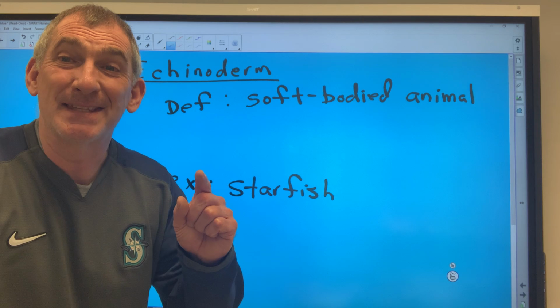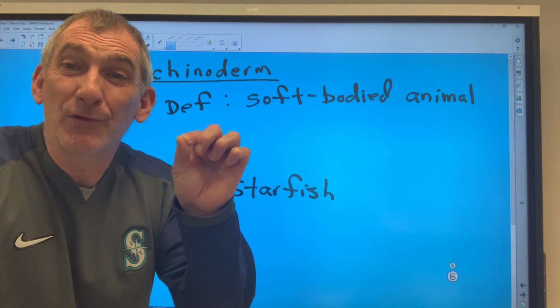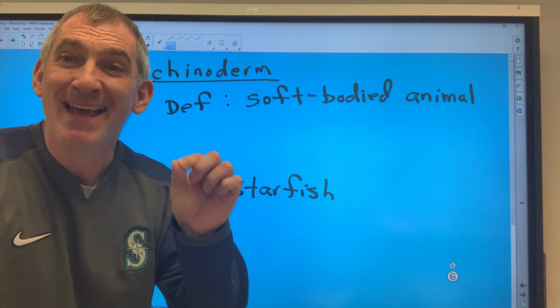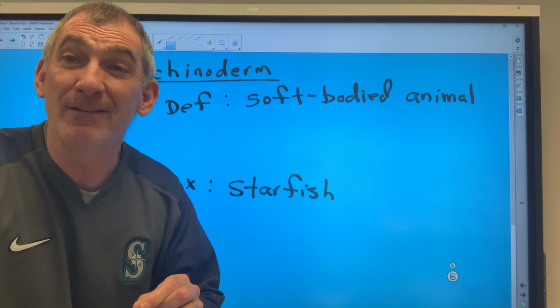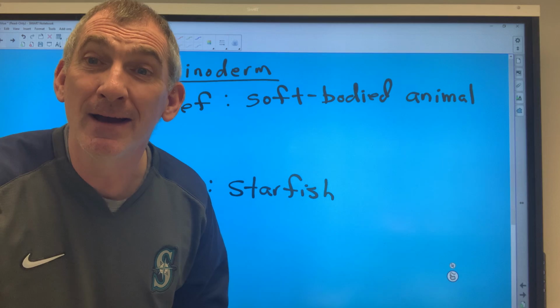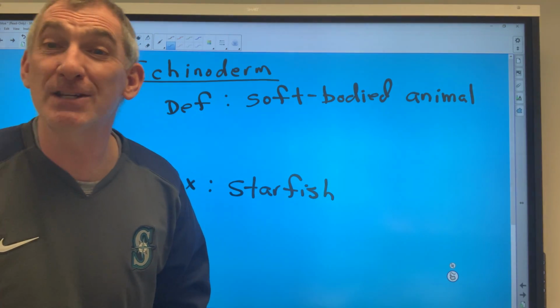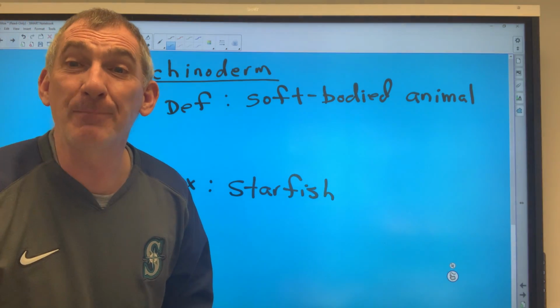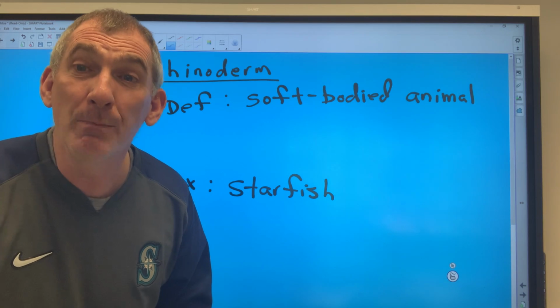What separates them is they move by those little suction cup feet. And those little suction cup feet have a name. They're not called 2 feet, they're called tube feet. And that is the definition of an echinoderm: a soft-bodied animal that moves by tube feet.